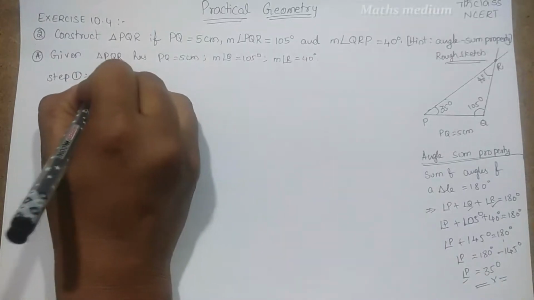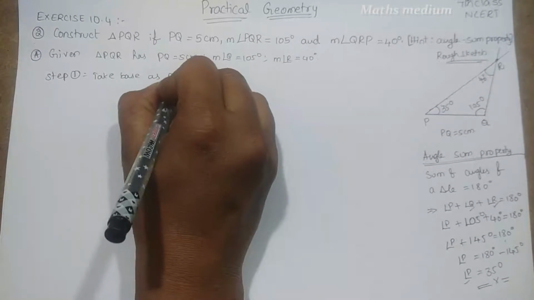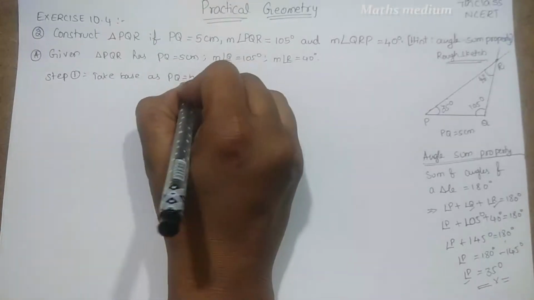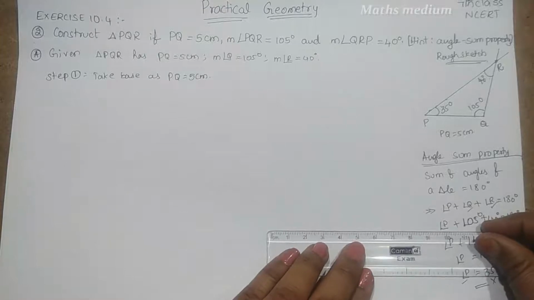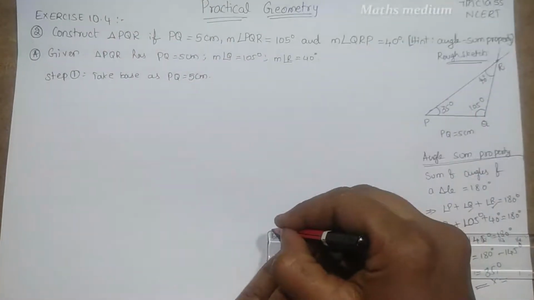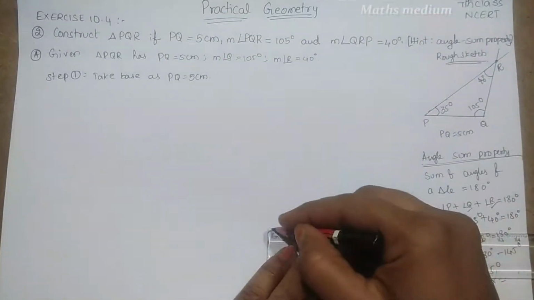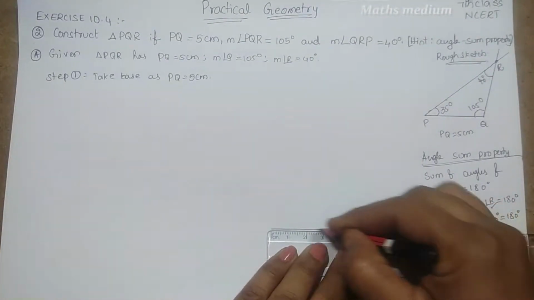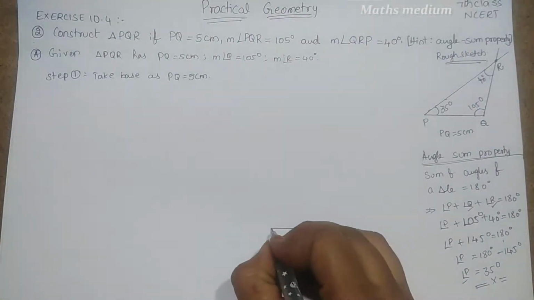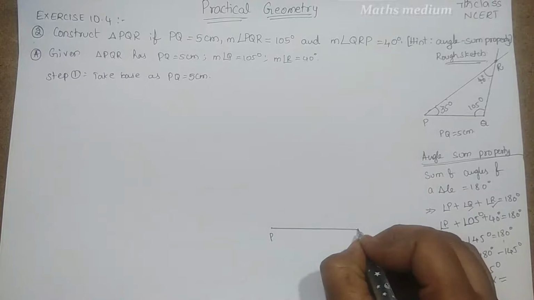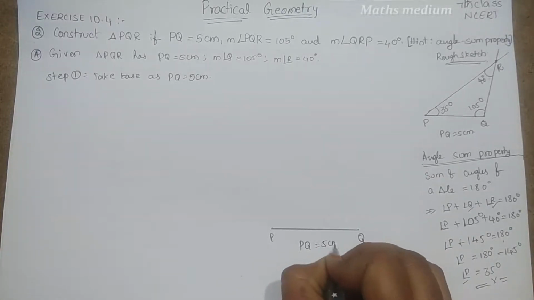Take base as PQ is equal to 5 centimeters. Now I am taking base as 5 centimeters. See, this is 0 and this is 5. Draw a line by connecting these two points. This is called P and this is called Q. PQ is equal to 5 centimeters.